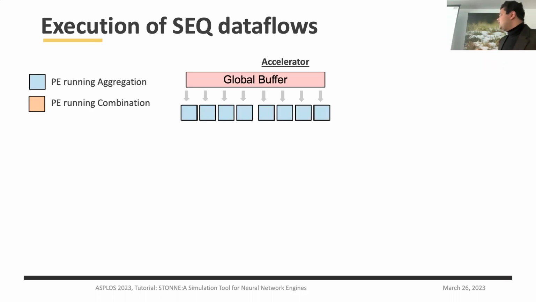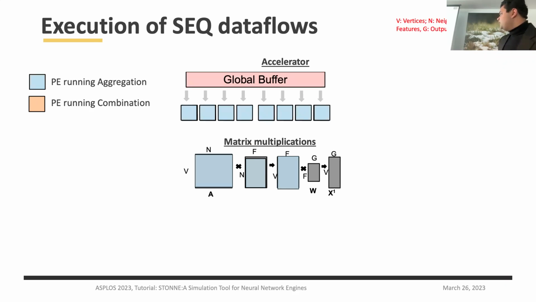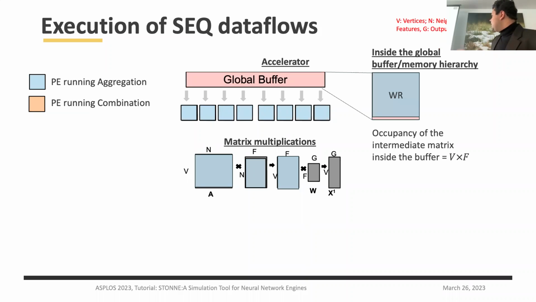So sequential data flow is your regular execution of a DNN, which most of the accelerators do. You have your full matrix multiplication, the PEs completely run aggregation. You do the whole matrix multiplication, and write the whole result into the memory hierarchy or the global buffer.